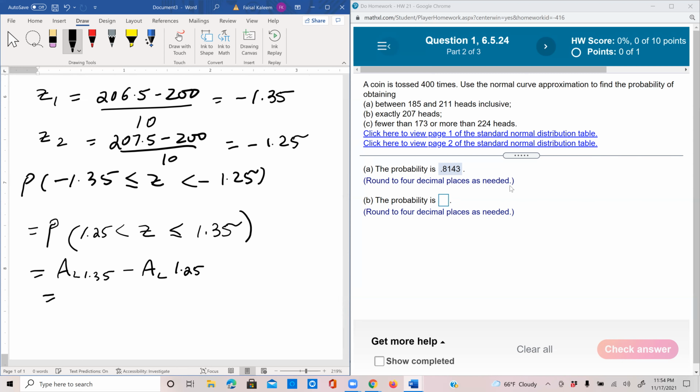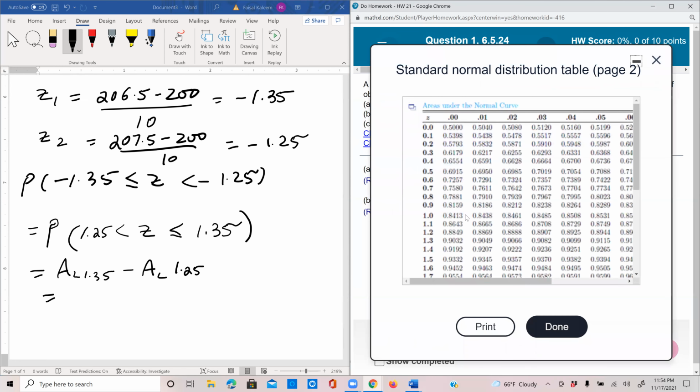Okay, let's see. 1.35 is 0.9115, and then 1.25 is 0.8944. Okay, so this equals 0.01671.